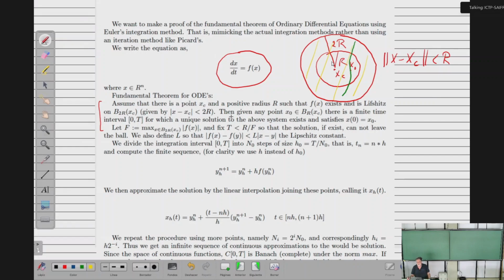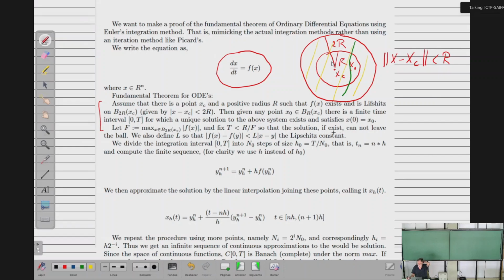And so what we want to prove now is that given any point x naught inside the smaller ball, there exists a finite time interval, 0 to t, for which there is a unique solution for this system that satisfies x of t equal to 0 is equal to x naught.